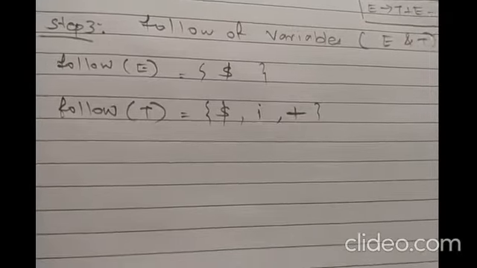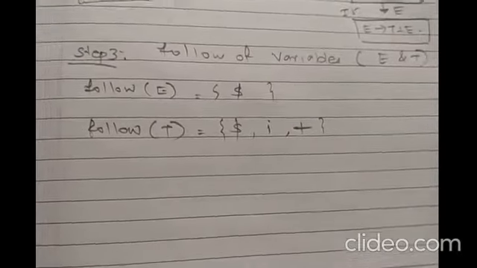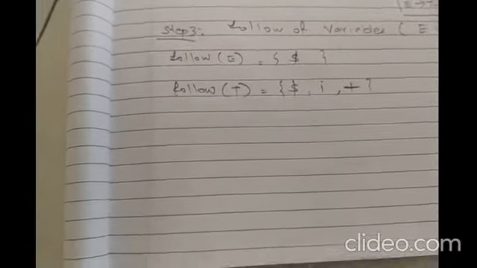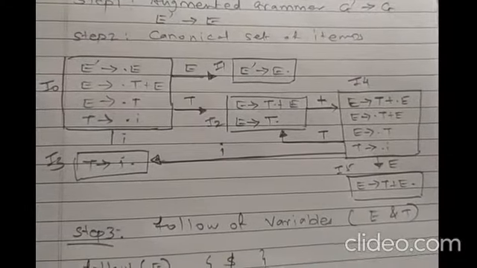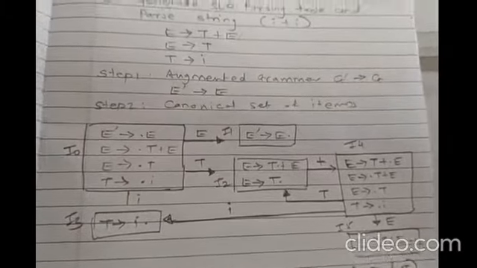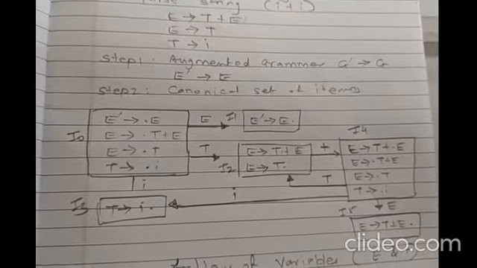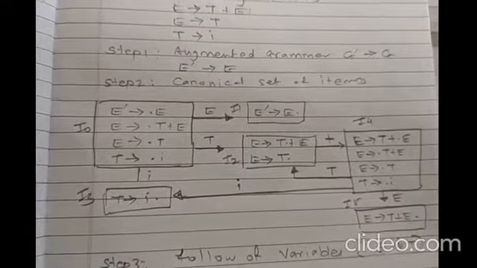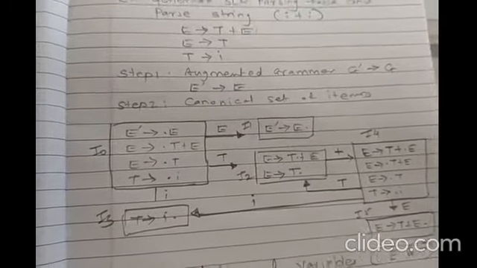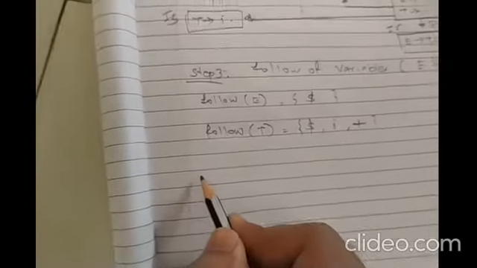Okay, now in the next step we will find out the states which will be used for the reduce operation. So just look at this particular state diagram. From this state diagram and the given productions, we will identify which states can be used for the reduce operation. So first of all, I'll just name the given productions.